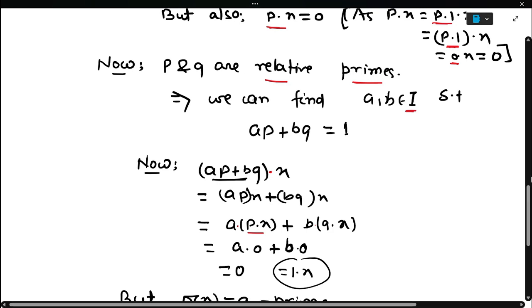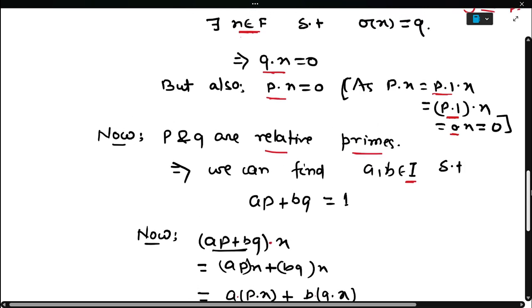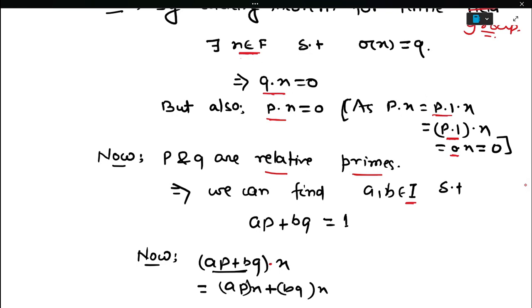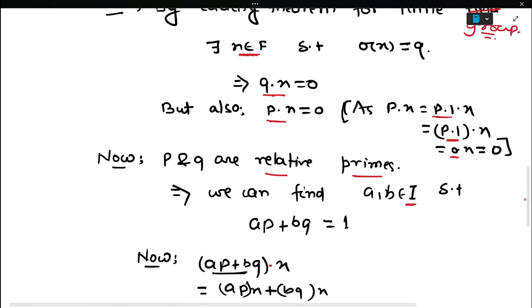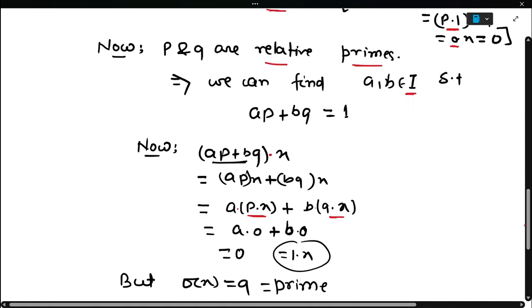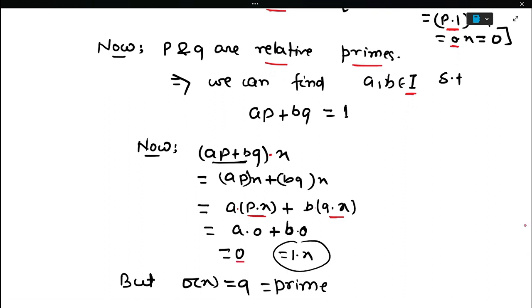We know that p dot x equals 0 and q dot x is also 0, so this is a dot 0 plus b dot 0, which is 0. And this equals 1 dot x, so 1 dot x equals 0.